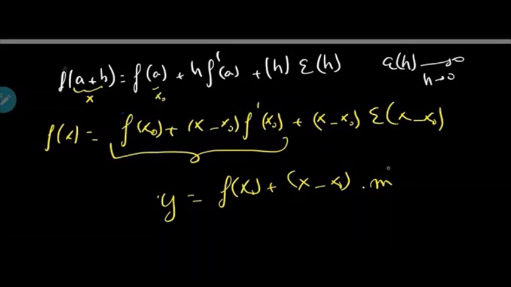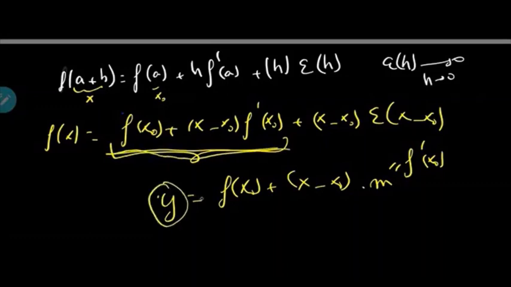But when it's a tangent, the slope will be equal to the derivative of the function at this point. So this is the equation of the tangent. What's in here is the y of the tangent, and what's in here is f of x, the image of a point x.